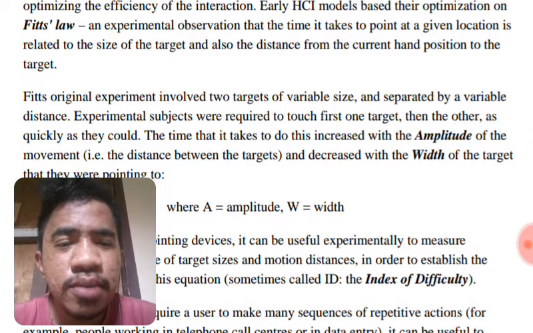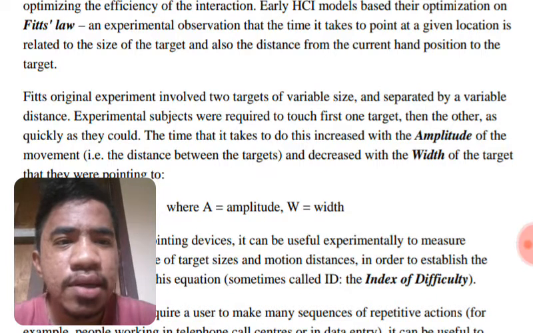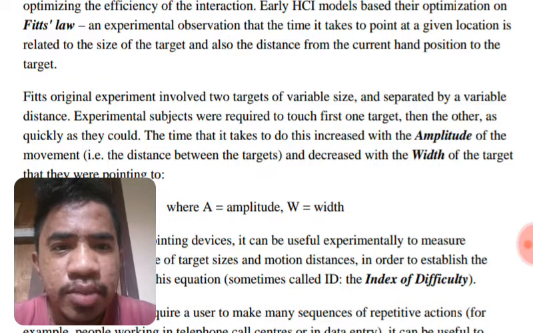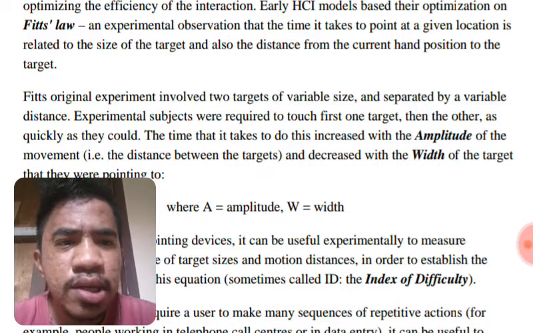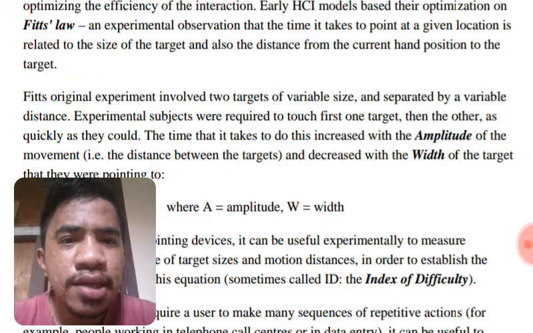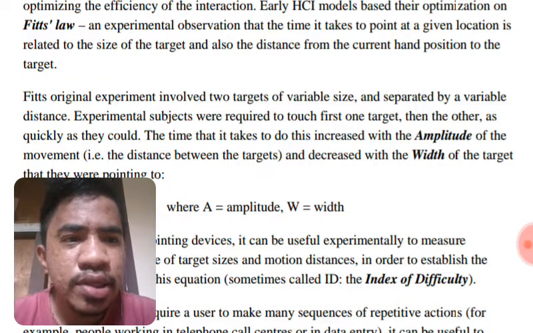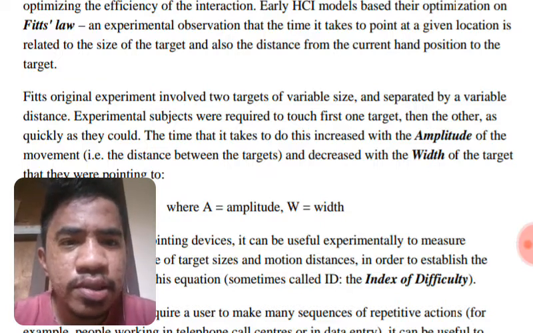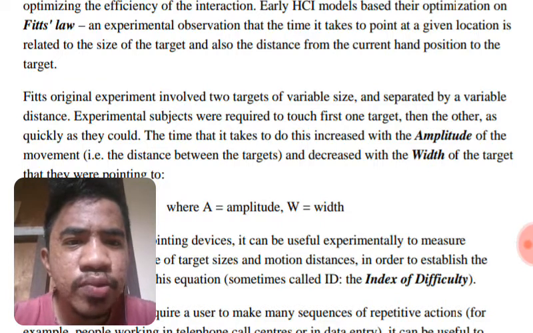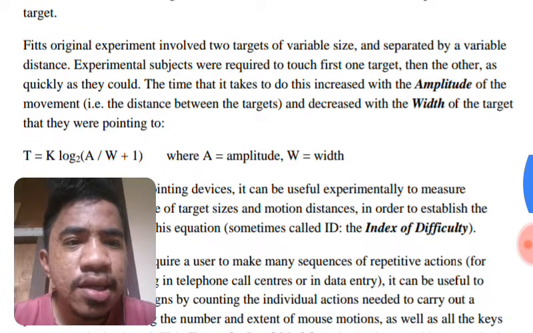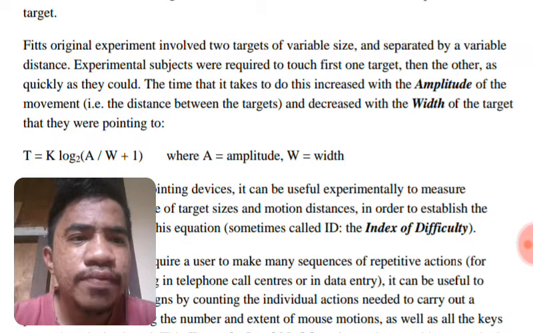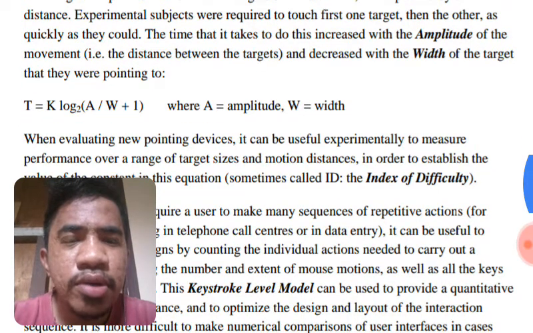Fitts' original experiment involved two targets of variable size and separated by a variable distance. Experimental subjects were required to touch first one target, then the other, as quickly as they could. The time that it takes to do this increased with the amplitude of the movement, the distance between the targets, and decreased with the width of the target that they were pointing to.